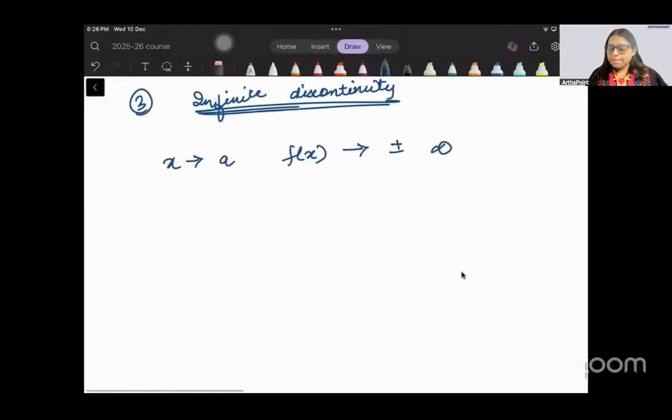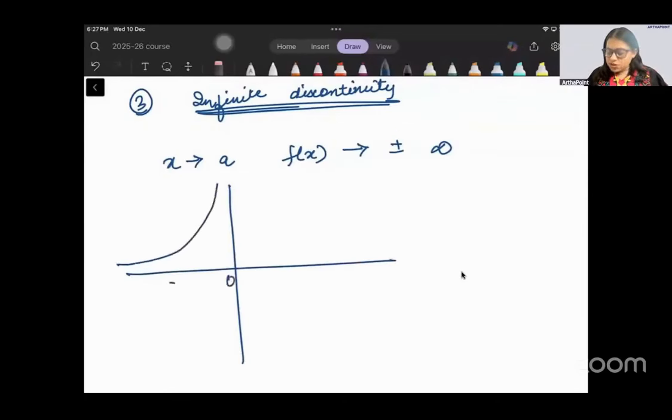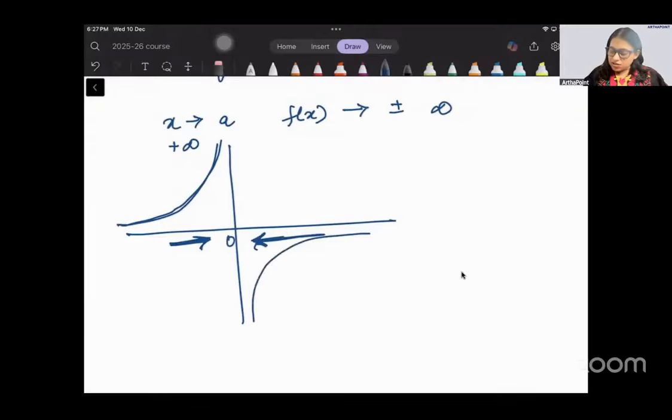So once it may go towards plus infinity, the other time it may go towards minus infinity. That means you may have vertical asymptotes, right? Just say ऐसा कुछ. When we are going towards 0 from left hand side, the function is going towards plus infinity. And when we are going towards 0 from the right hand side, then my graph looks like this. It is going towards minus infinity.